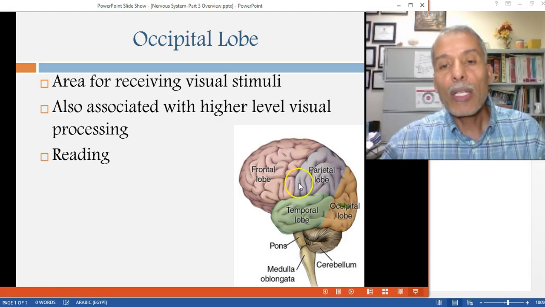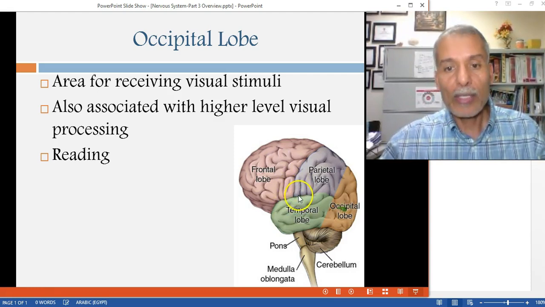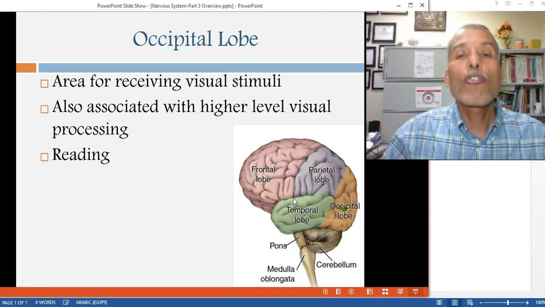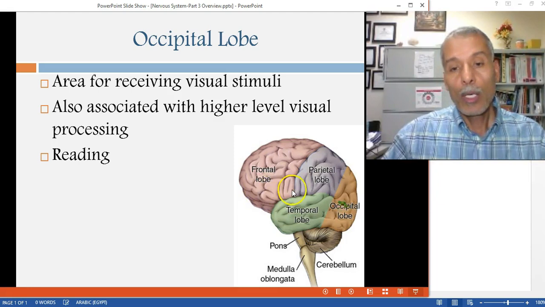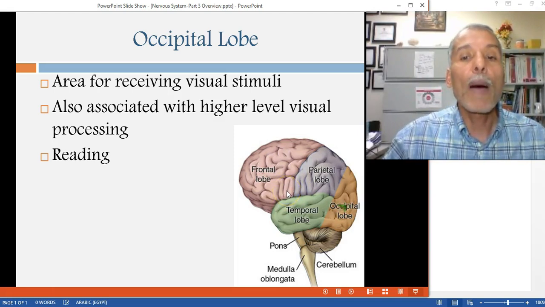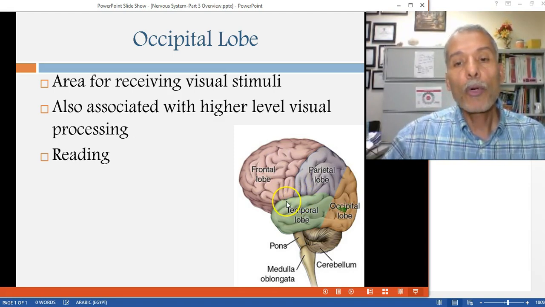So these opercula, the three areas that cover the insula, have language functions. They are critical for language processing and expression and so on. So I'd like you to know that these particular parts are called the frontal operculum, that little corner, the parietal operculum, and the temporal operculum.